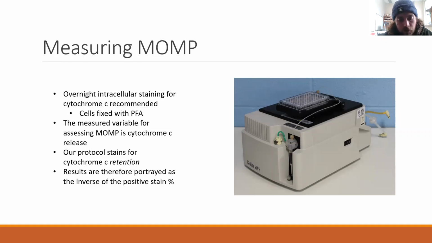So a cell that is releasing cytochrome C will not stain positively at all. We're usually concerned with apoptotic activation and cytochrome C release. So although we're staining for retention, when we portray our results, we usually do the inverse of the positive stain percentage and convey it as a percentage of negative stain, or release.